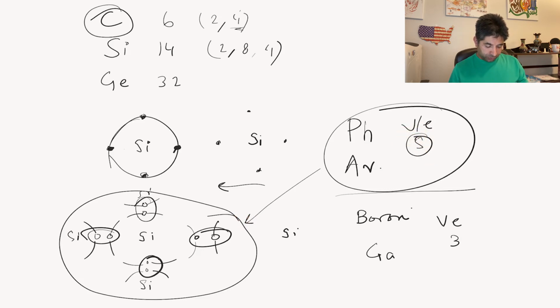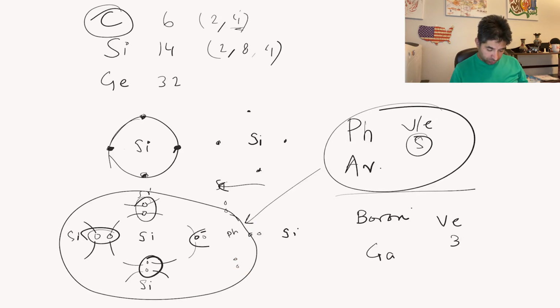Phosphorus has 5 electrons, and it has adjacent silicon atoms here and here.